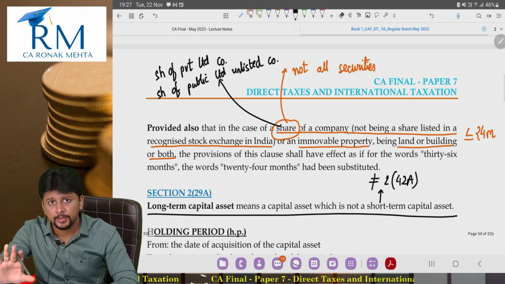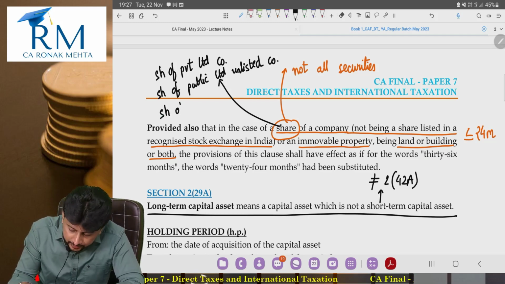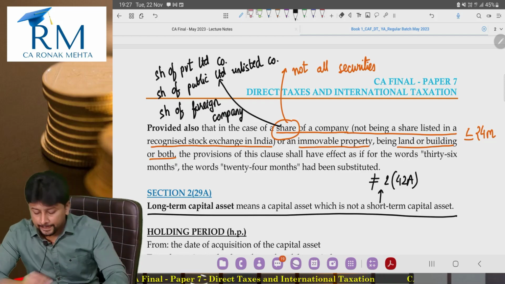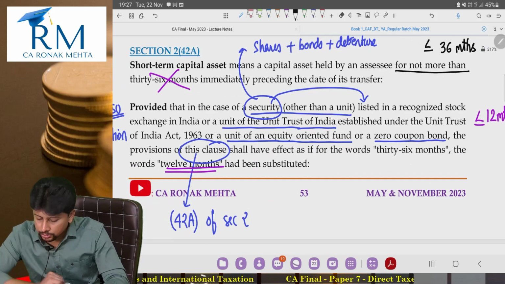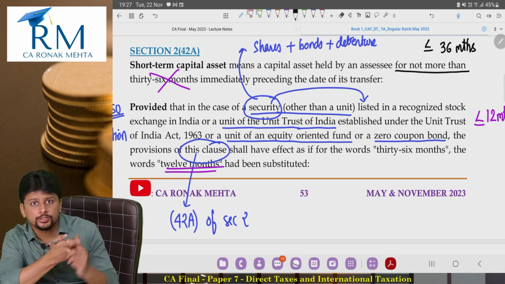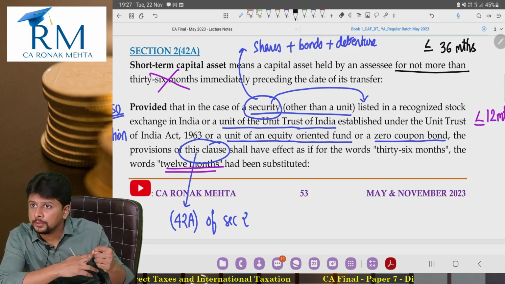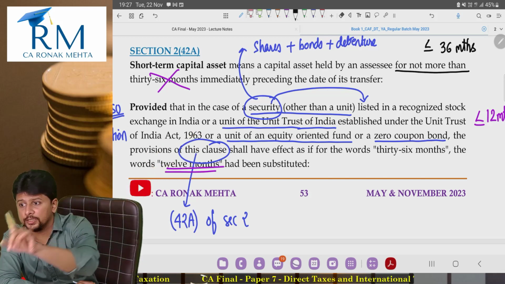It's a public limited company but not listed in a stock exchange. Third, if you understand, I can also cover shares of a foreign company here. Share of a foreign company, is it listed in a recognized stock exchange in India? No. Example, shares of Microsoft, shares of Tesla, shares of BMW, shares of let's say Walmart, they are all listed outside India, so they don't fall in the 12 months criteria.